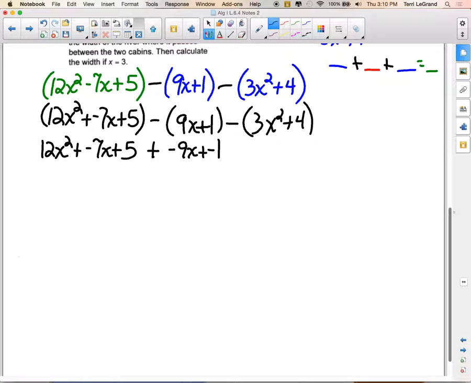And then from that, we're supposed to subtract. So now we're going to add. We're supposed to subtract that 3x squared and that 4, so they both have to change to their opposites. I think we got it. Okay, let's go give it a try and see what we end up with.